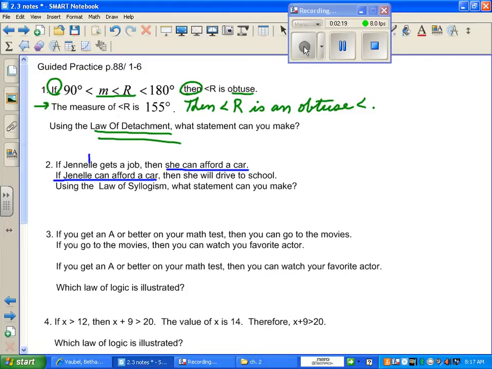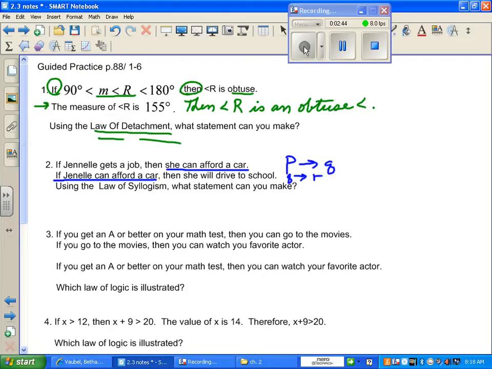You actually have P implying Q. That's the if Janelle gets a job, then she can afford a car. Let me write that to the right of this. P implies Q. Then the next statement you have, if Janelle can afford a car, so you're starting with Q, then she will drive to school.